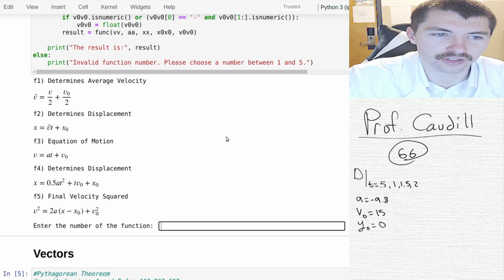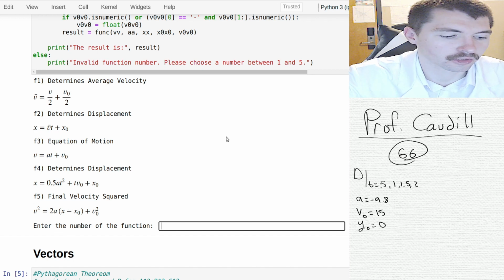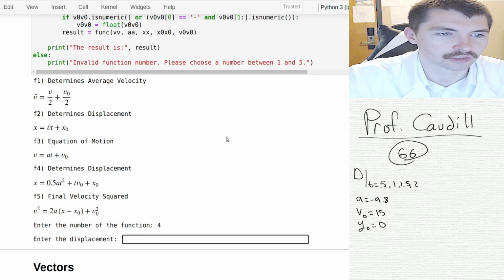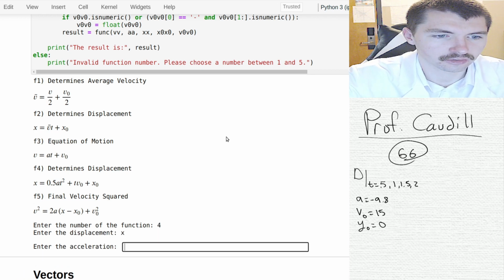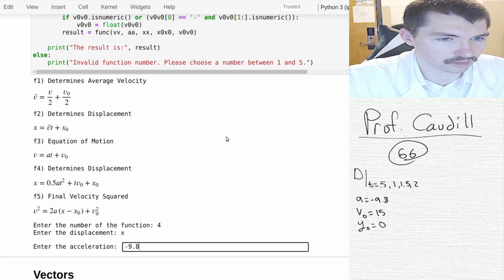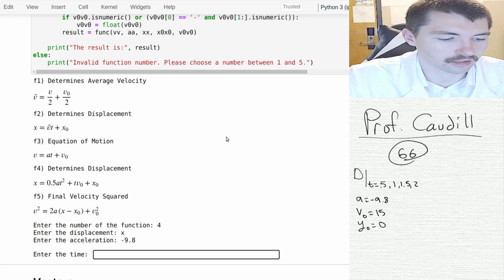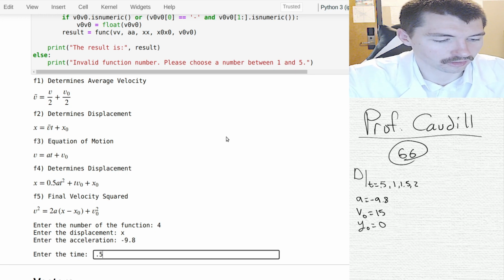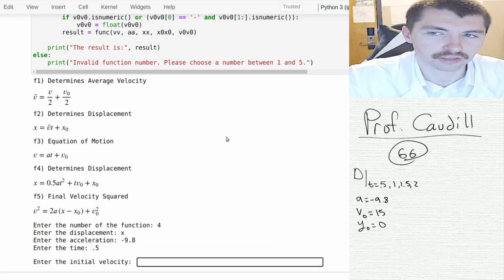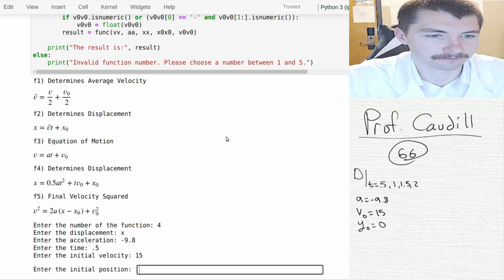We'd be solving for x. We know v naught and t, so probably equation 4. We're going to solve for x, which is y in this case. We're going to do negative 9.8, time 0.5, and 15, 0.